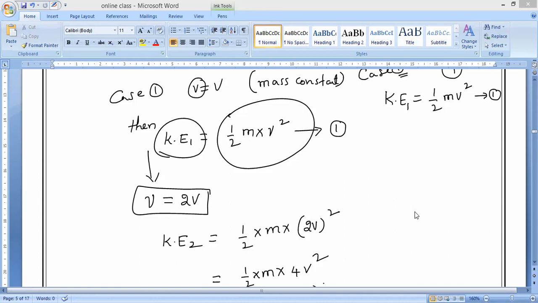So we get more change, which is why we change the factor called velocity. Everybody write it: it is obvious that doubling the velocity has a greater effect on the kinetic energy of a body than doubling its mass.